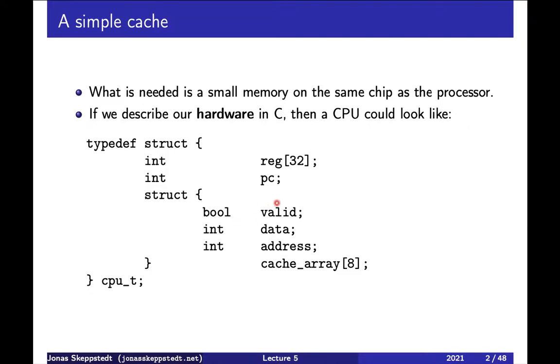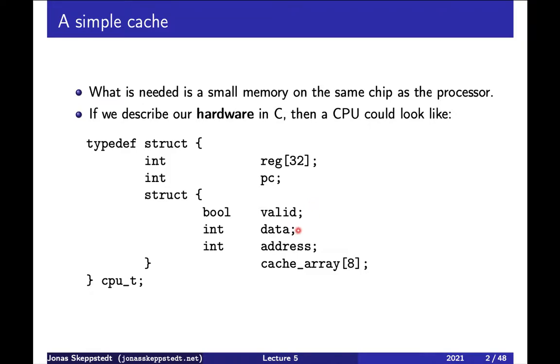So what does this cache consist of? It's a number of elements, in this case 8, and each element has data and an address. There is also a valid attribute which says that this address is valid, I mean, there must be something stored there.